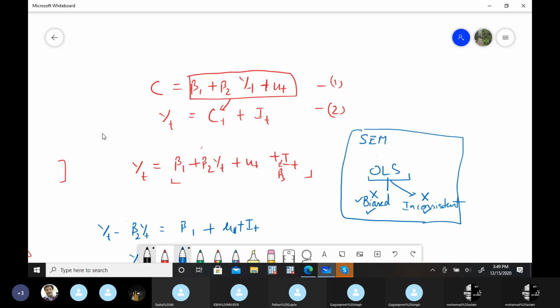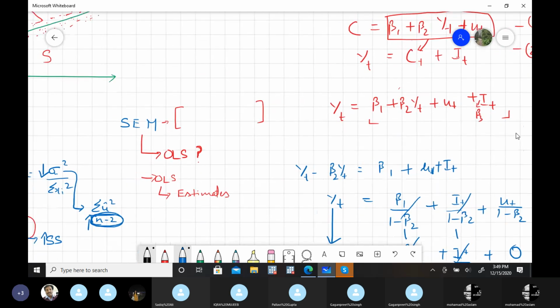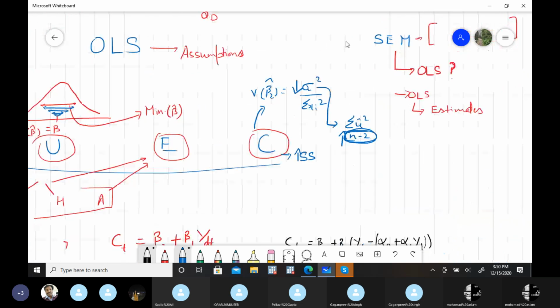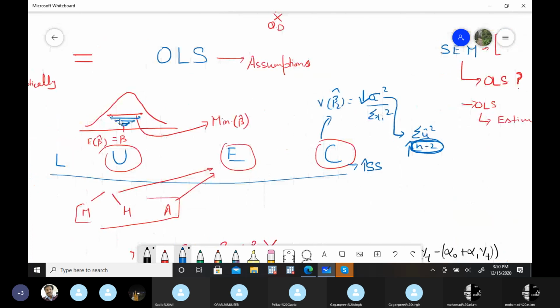Consistent results, let me explain for convenience. Generally we say that if we increase the sample size, the variance will keep decreasing.